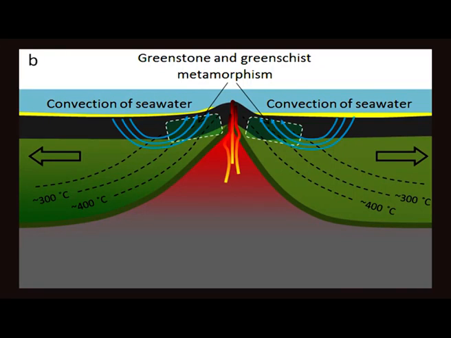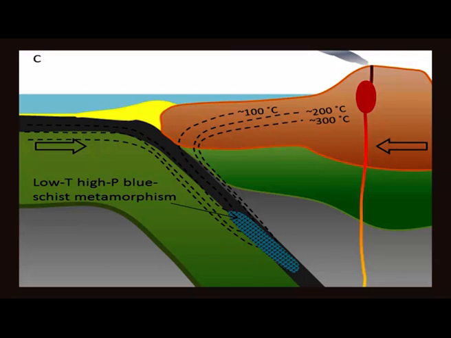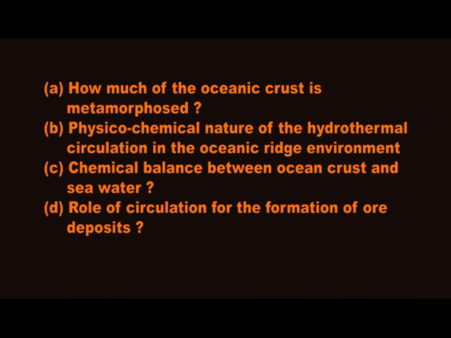However, in order to convert basalt into low to medium grade, up to amphibolite, due to circulation of fluids through the oceanic crust, still some major questions remain related with ocean ridge metamorphism. First, how much of the oceanic crust is metamorphosed?